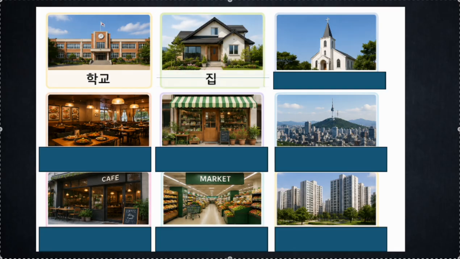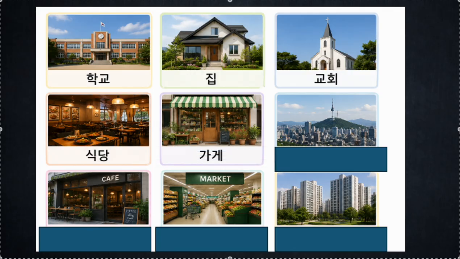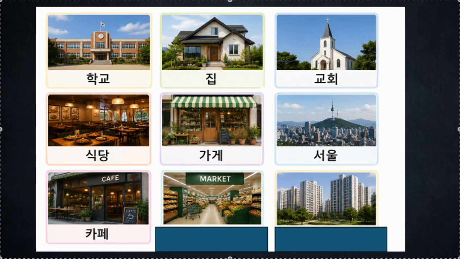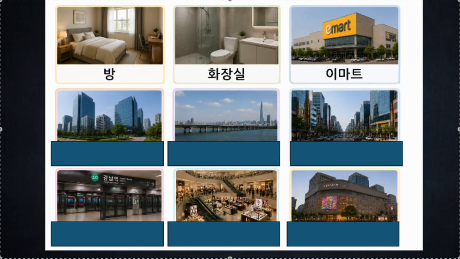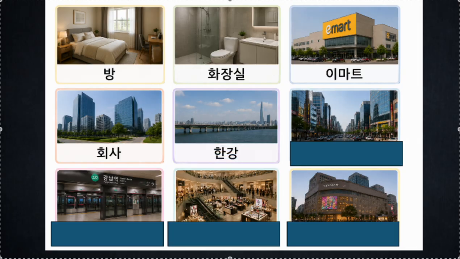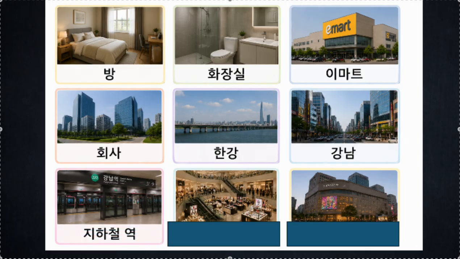Next one, 집. 다음 means next. 다음, 교회. 다음, 식당. 다음, 가게. 다음, 서울. 다음, 카페. 다음, 마켓. 다음, 아파트. 다음, 방. 다음, 화장실. 다음, 이마트. 다음, 회사. 다음, 한강. 다음, 강남. 다음, 지하철역. 다음, 백화점. 다음, 신세계 백화점.